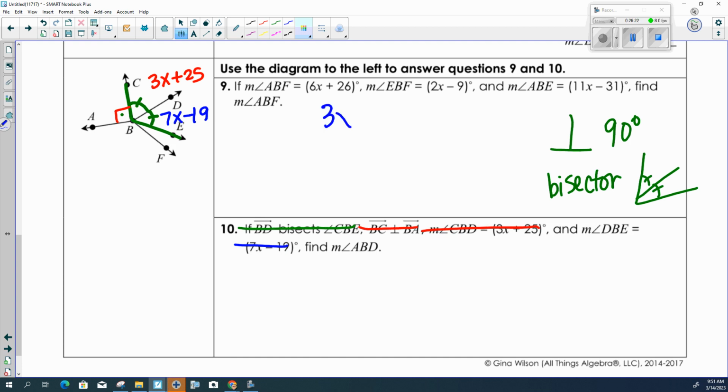So 3x plus 25 equals 7x minus 19 for this problem below. I don't know why I'm writing it in the wrong spot. For this particular problem, if you're like, Mrs. Mitchell, they didn't tell me what they added up to be, you can use this information.